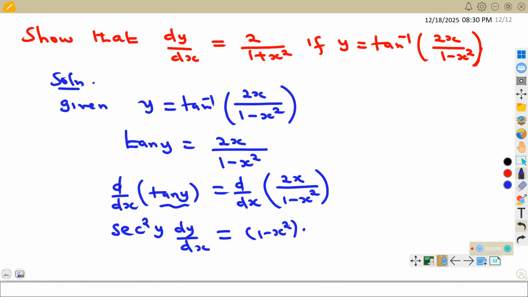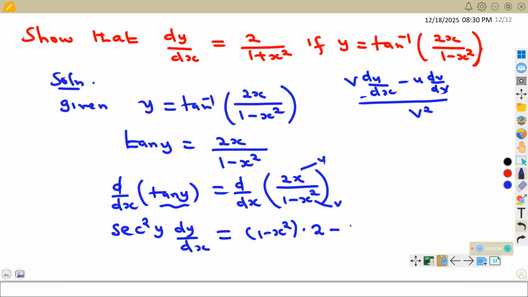What is du dx? This is representing u, this is representing v. So we are applying the quotient rule, v du dx minus u dv dx, over v squared. So 1 minus x squared times du dx. Du dx is differentiating 2x, which will give us 2.